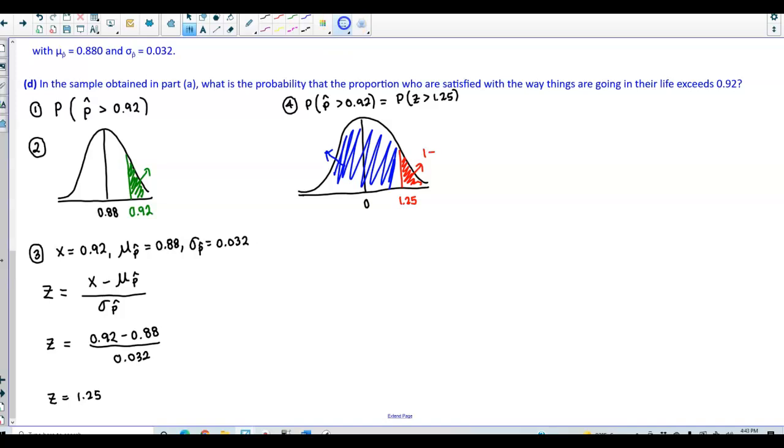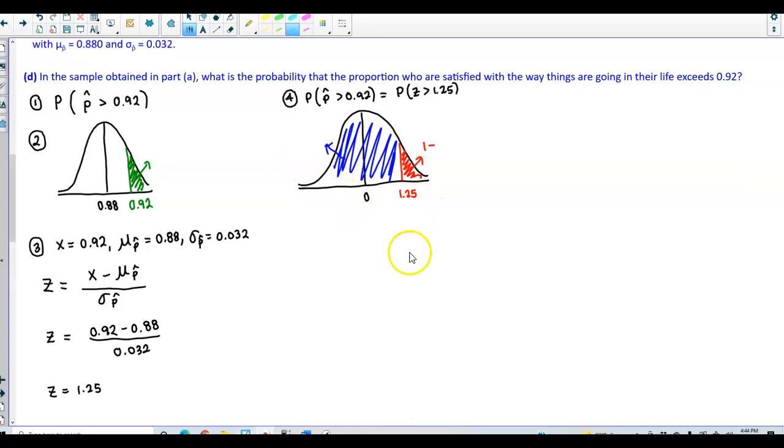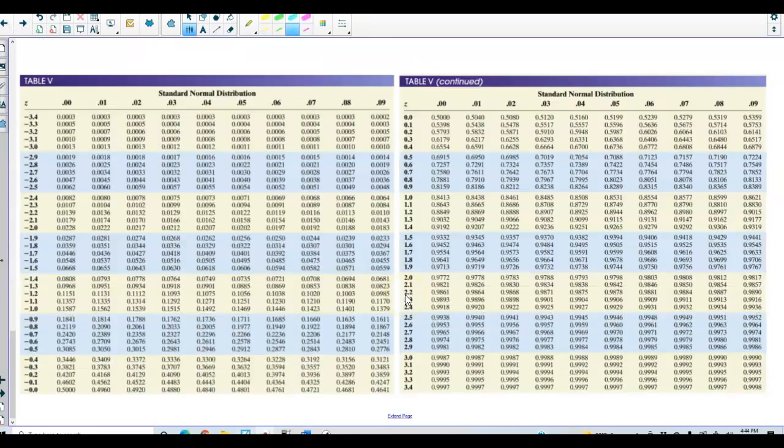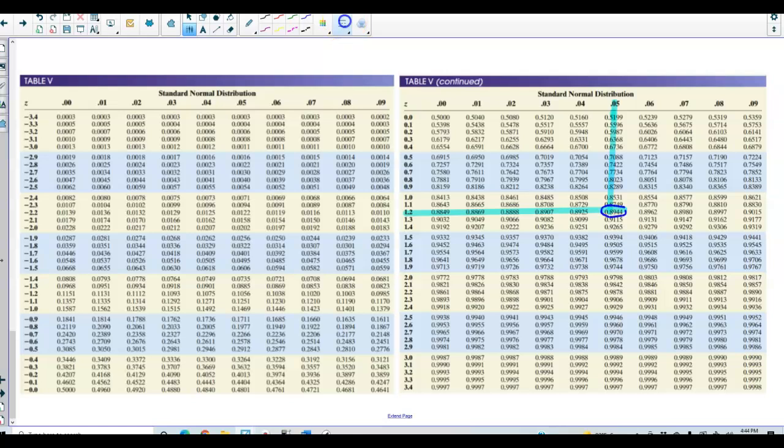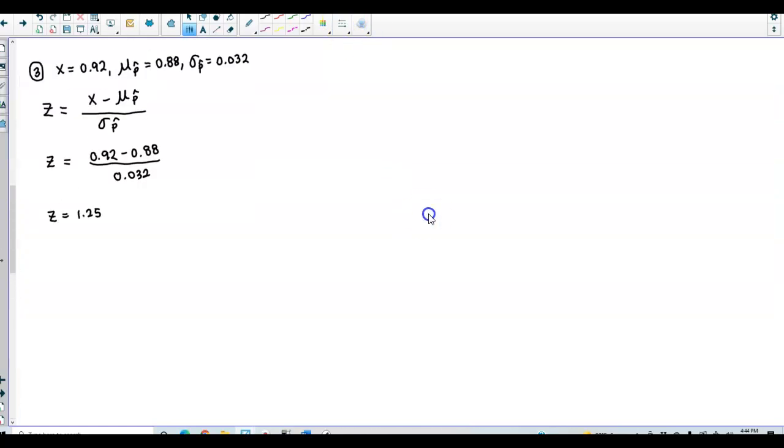So we need to take 1 and then subtract whatever we get for the area that's to the left. So let's find the area to the left of 1.25. If we look at 1.2 and then go all the way to 5, then we're going to see what we get for the probability that's to the left of that z-score, which is 0.8944.